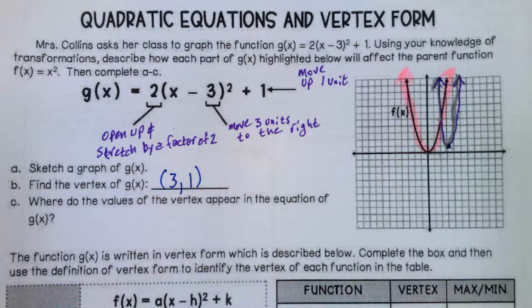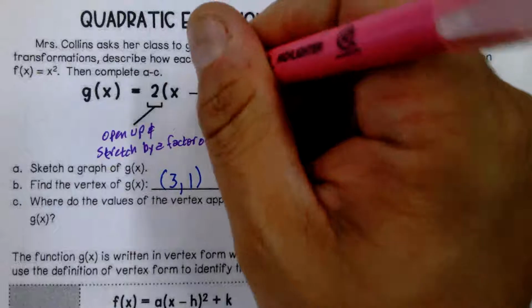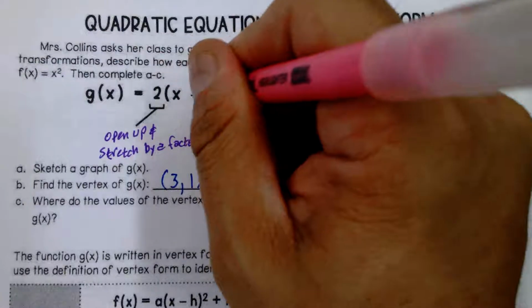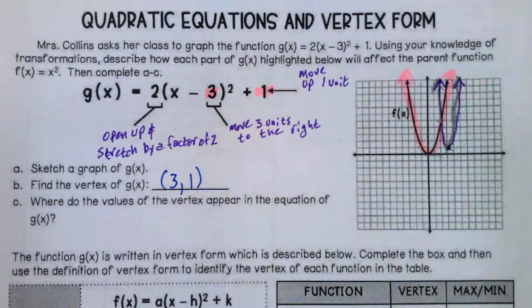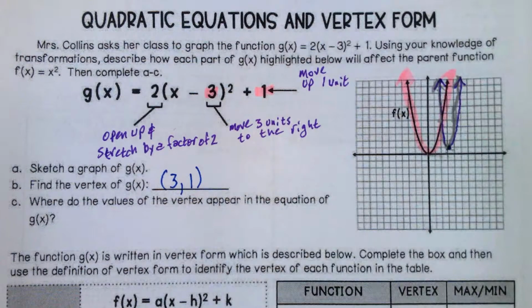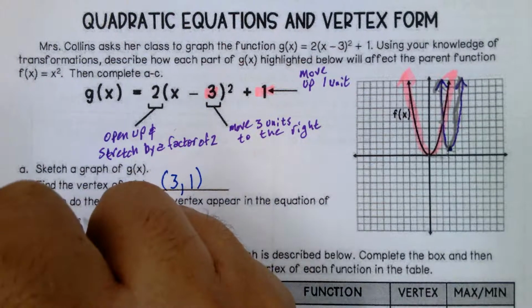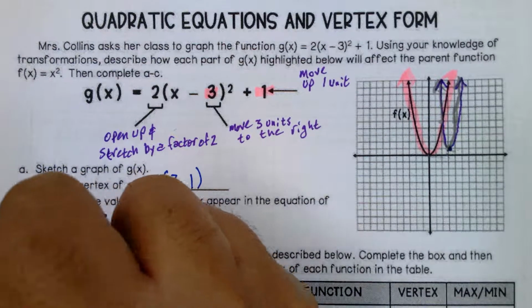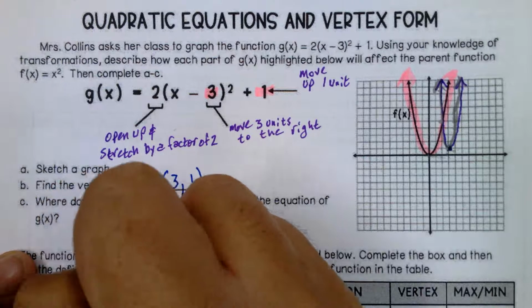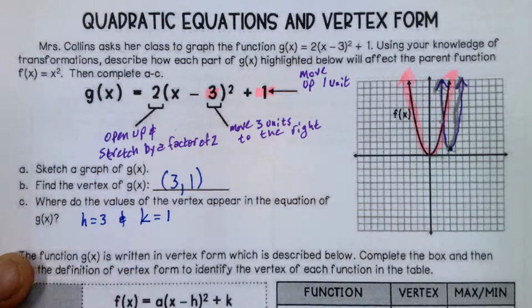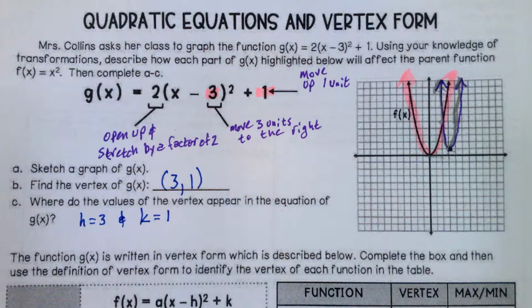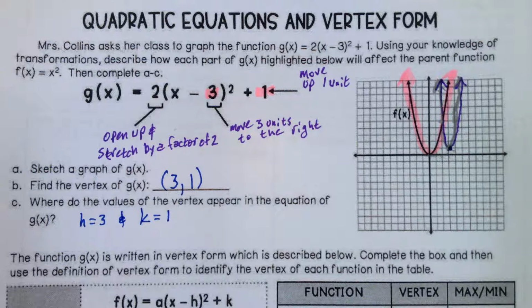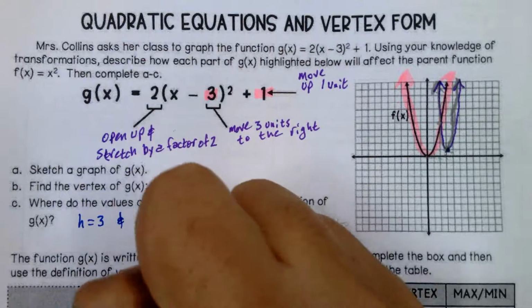Do you see the numbers 3 and 1? Yeah. H equals 3 and K equals 1. Right? In the equation.